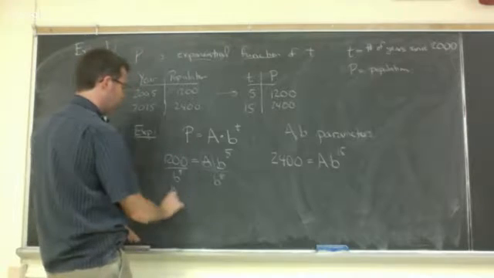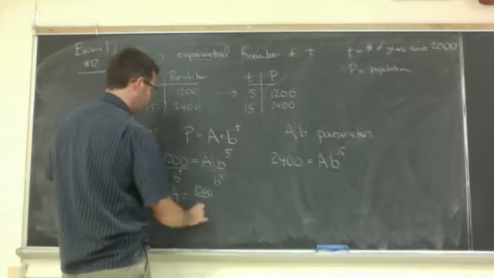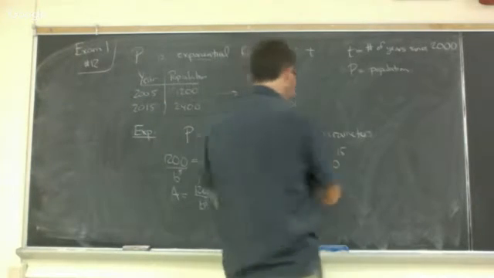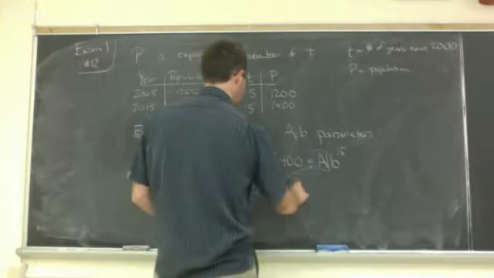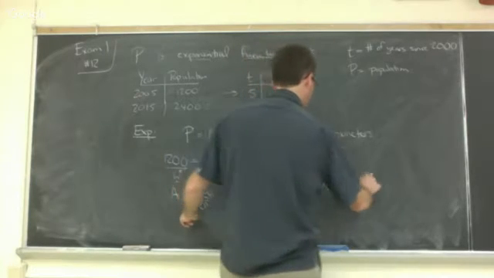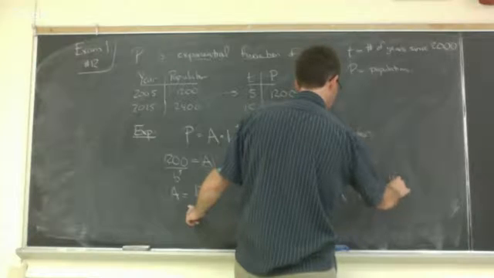And so I'm going to find out that my A is 1200 over B to the 5th. And I'm going to use that in this other equation. So this A, I'm going to take the value. So I get 2400 equals this 1200 over B to the 5th times B to the 15th.